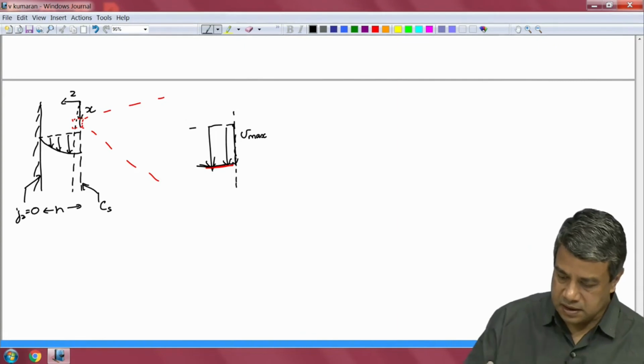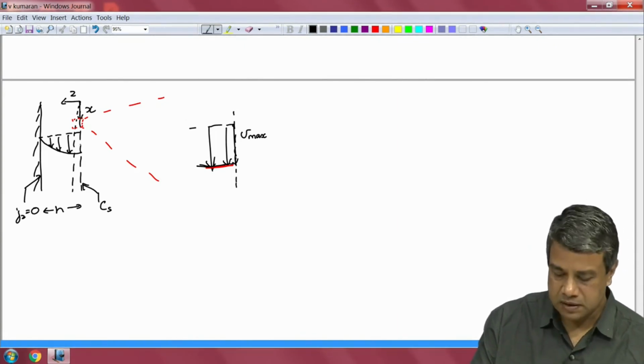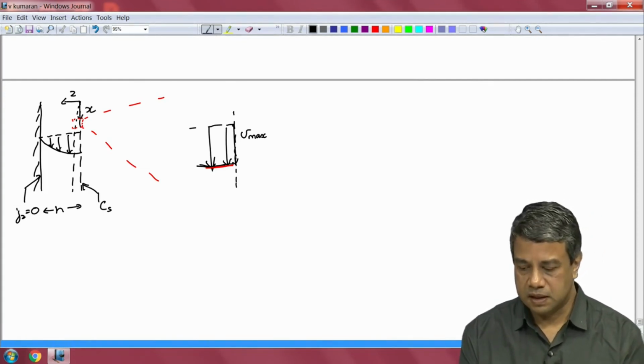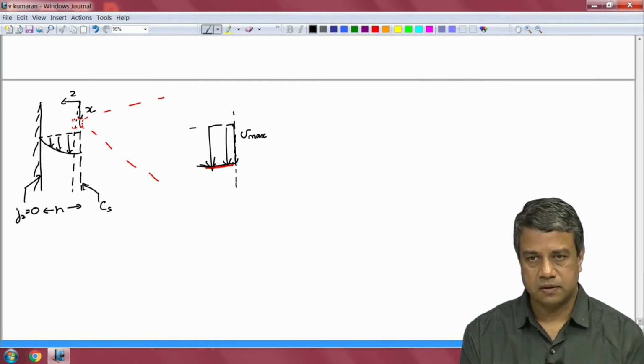If the extent to which the solute has penetrated into this film is small compared to the thickness h, then I can consider this as a parcel of fluid which has been exposed to the gas at the interface for a finite time. That finite time is the residence time of that parcel of fluid within the falling film.